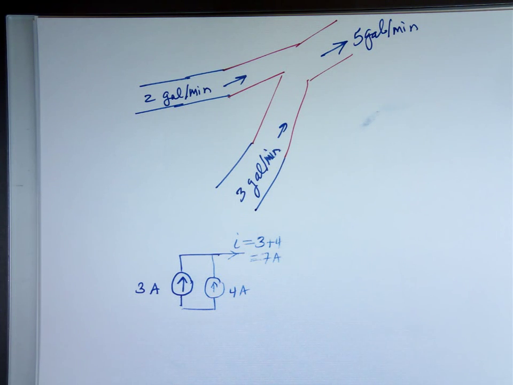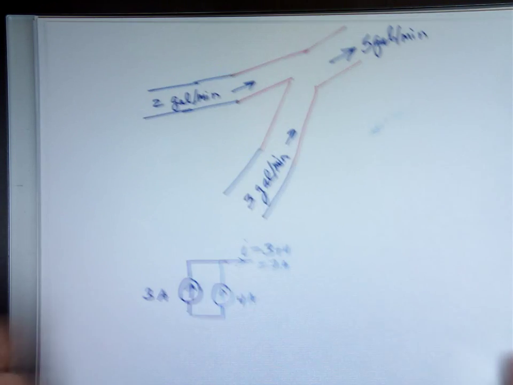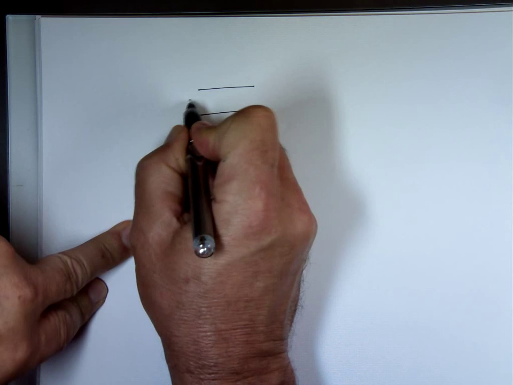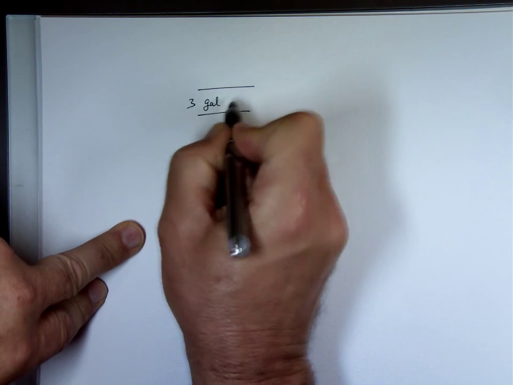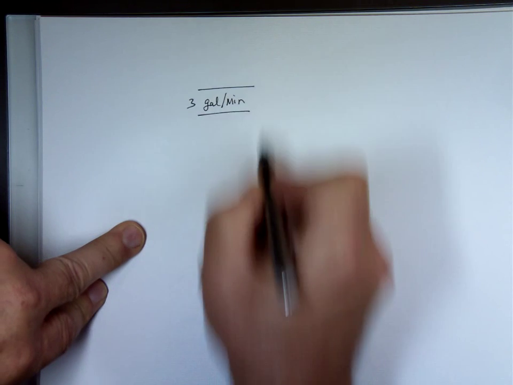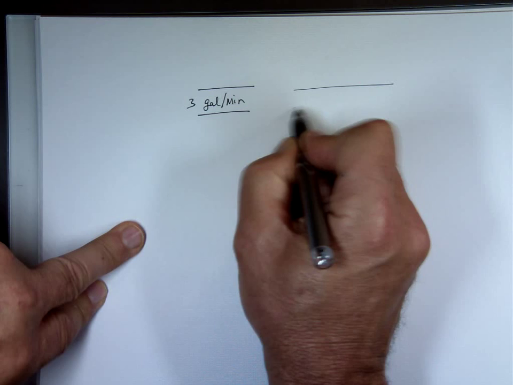Where current is different than water, I'll show you where. If you have a hose, again 3 gallons per minute, and you cut it with the knife here, what happens to that water? It shoots out, right?